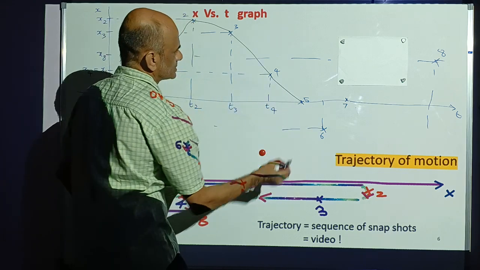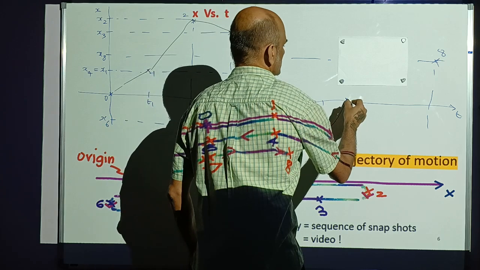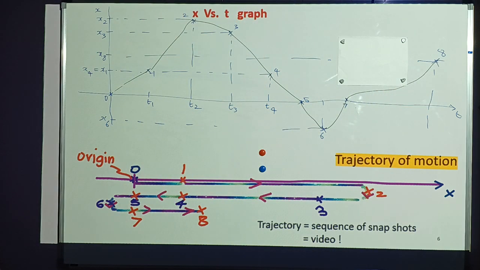At time t5 it's the origin, t6 on the negative side, t7 again the origin, t8 on the positive side. So given a trajectory, one can draw x versus t graph.